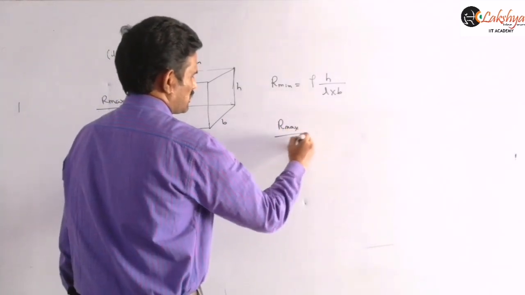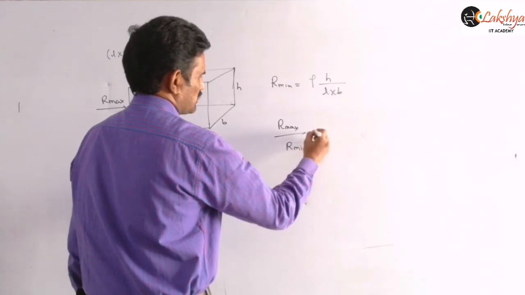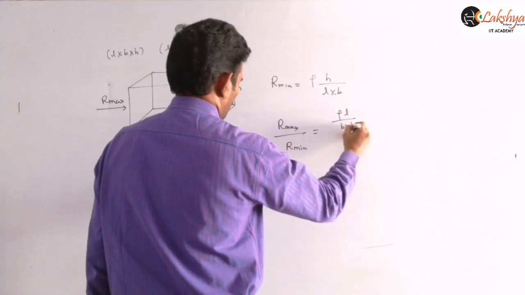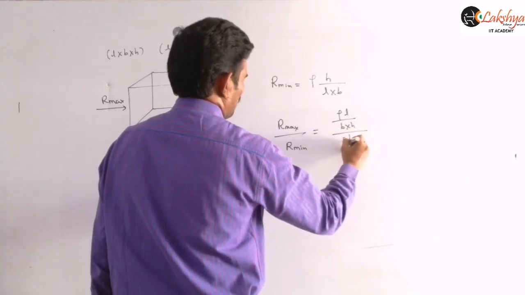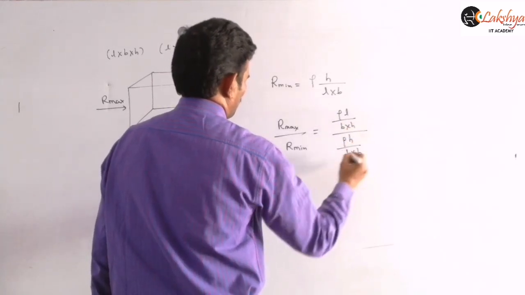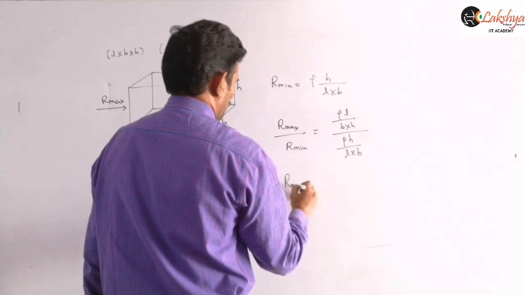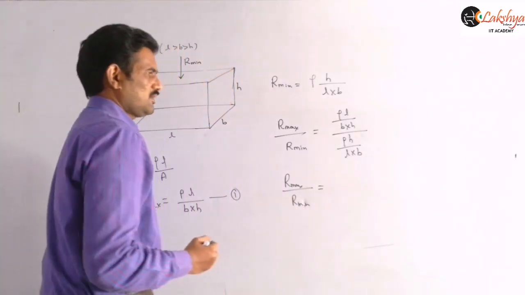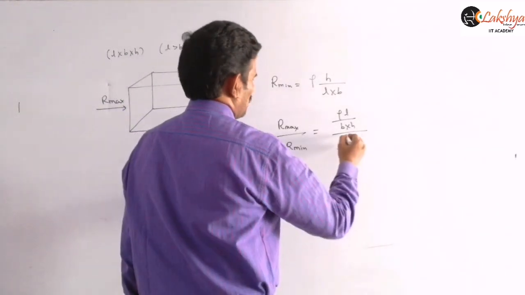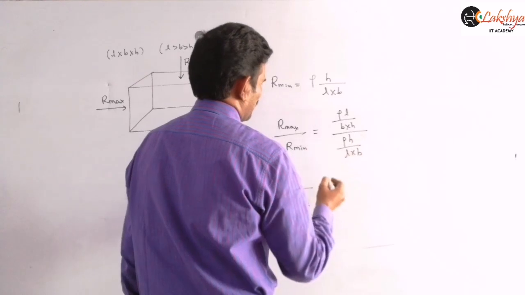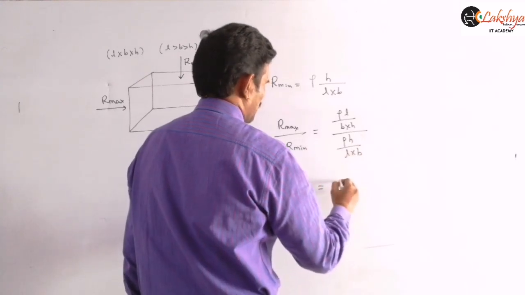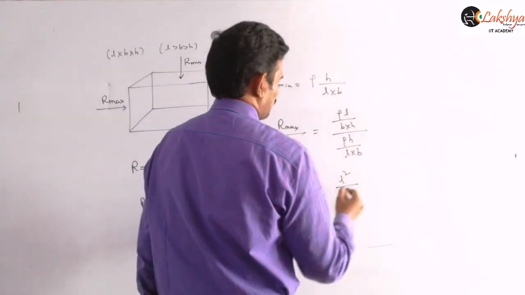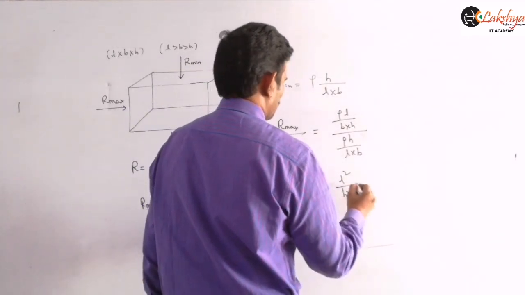And therefore the ratio of maximum resistance to minimum resistance we need to answer here. That is rho L by B into H divided by rho into H by L into B. Therefore R maximum by R minimum is equal to, so this rho will be cancelled and you can cancel those terms there. So I can write this as L square by H square, right?